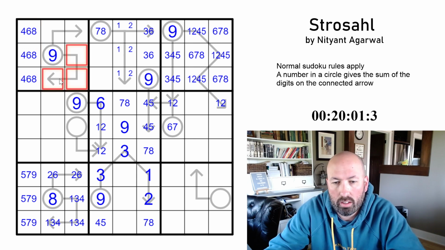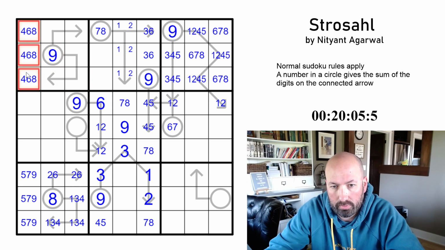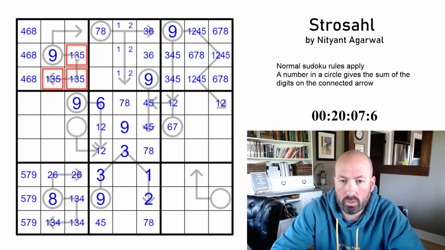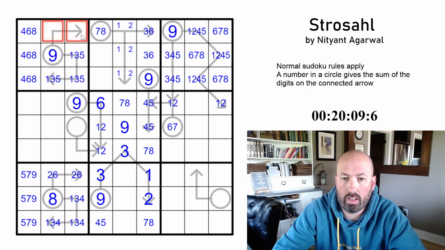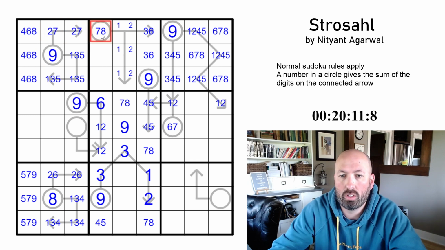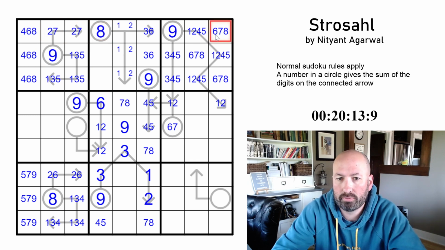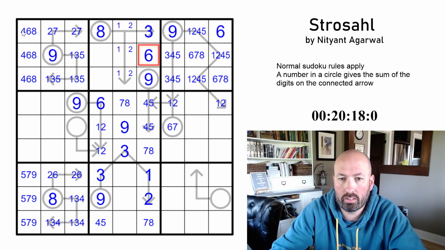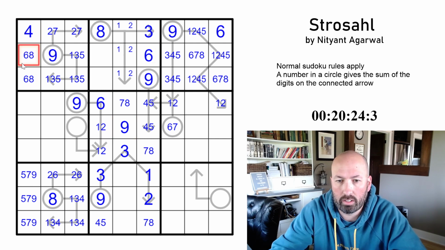So now this can't be 1, 2, 6, and it can't be 2, 3, 4, because the 4 and the 6 are gone. This has to be 1, 3, 5, and this has to be 2 and 7, which gives us the 8. This is a 6, which gives us the 3 and the 6. This now can't be 6 or 8. It has to be 4. This 6 fixes that 6, 8.